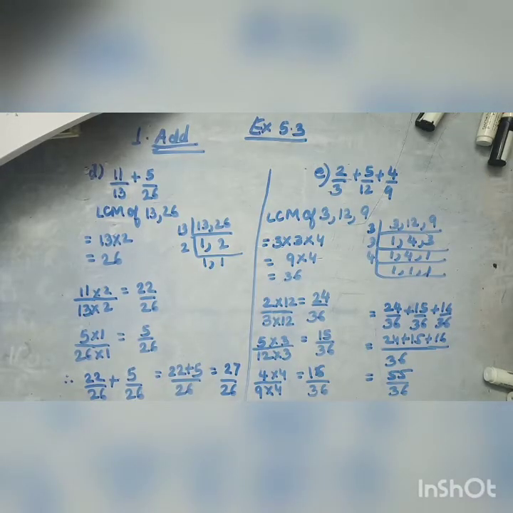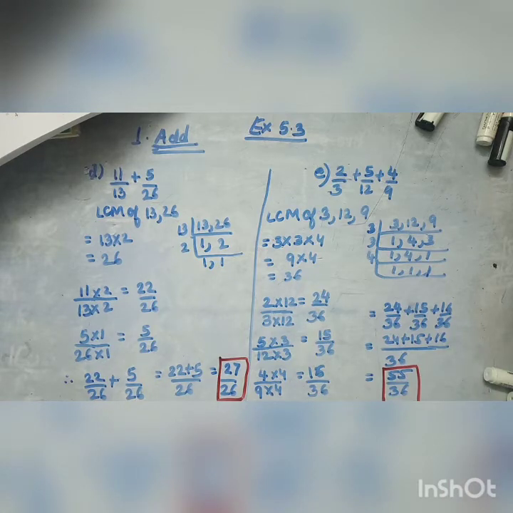Now just see the D and E question of question number 1. Here also the same thing has been done for you. LCM has been taken and you need to go for like terms. So your answer for D is 27 by 26 and answer for E is 55 by 36.